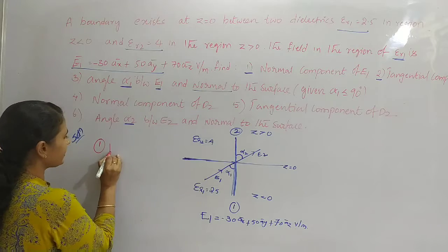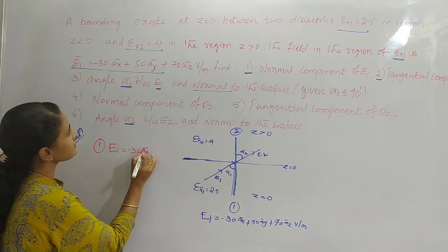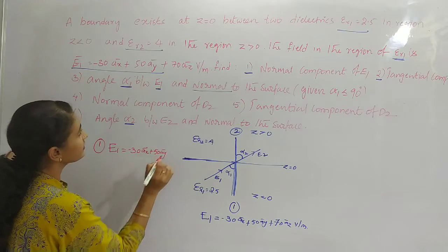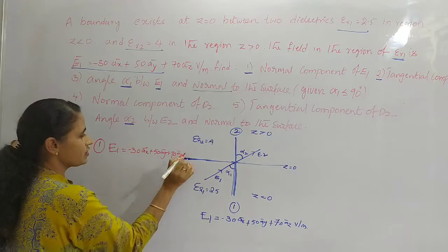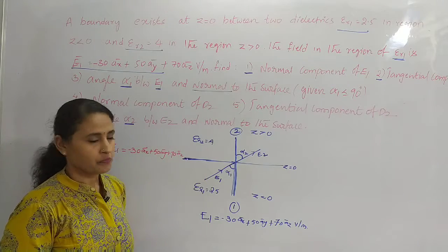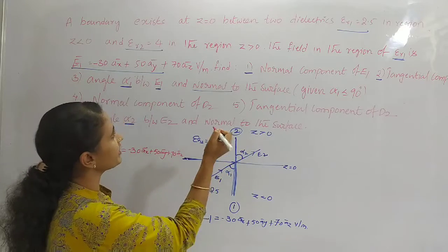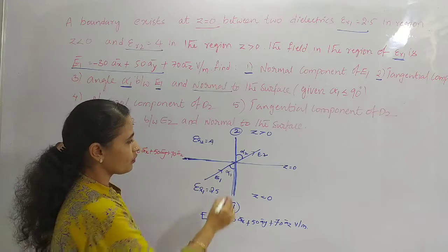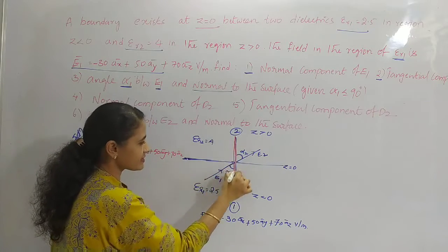E1 is given as minus 30 AX plus 50 AY plus 70 AZ, so it has components along X, Y and Z. Now which one is the normal component? They have mentioned in the numerical itself that the boundary exists at Z equal to 0, which means the normal line is the Z axis.